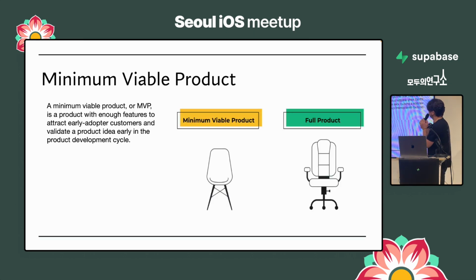So minimum viable product. Why do we need minimum viable product? A month ago, I told Florian that I'm going to make a presentation in iOS Meetup, and I actually had one month to prepare my ideas and my presentation, and I could have done it perfectly, but I chose only three hours to make it.